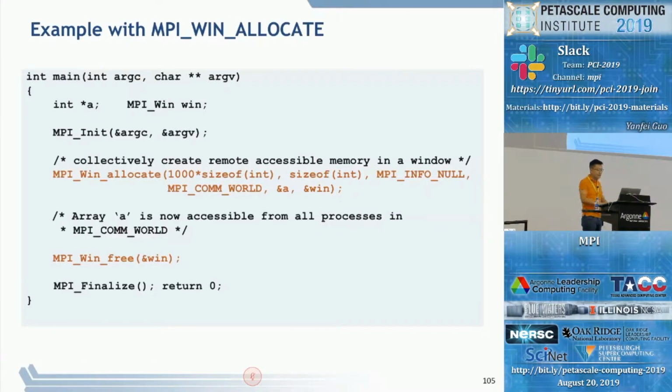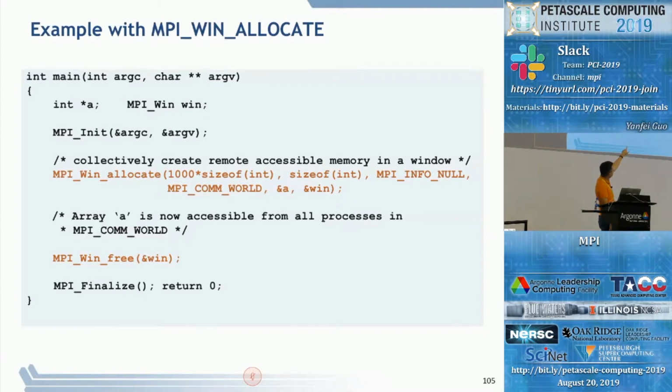So here's just an example. Between MPI init and MPI finalize, we're trying to create a window on top of MPI comm world, so basically all the processes. The semantics here will be that each process exposes an array of 1,000 integers.